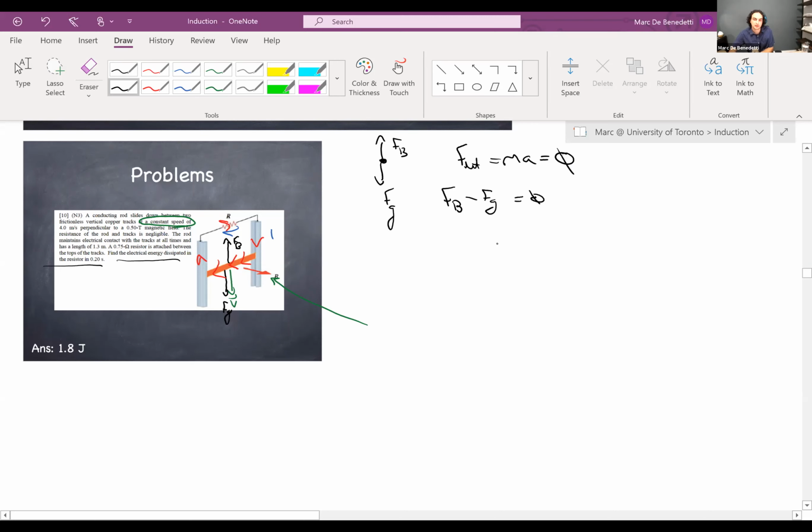What's the magnetic force in this case? Well, it's not the force on an individually charged particle. It's the magnetic force on a length of wire. So it's I, L, and then B. Do we know anything about, well, we don't know I, we can figure out I. Do we know anything about the length?